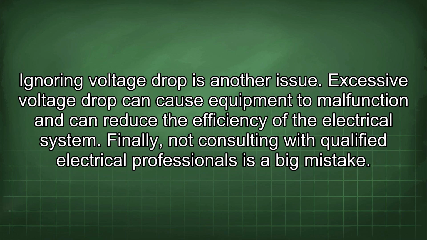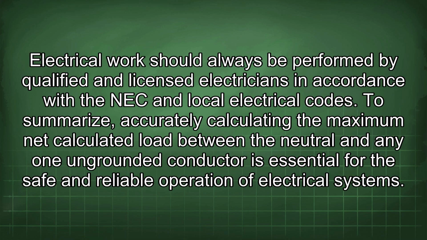Ignoring voltage drop is another issue. Excessive voltage drop can cause equipment to malfunction and can reduce the efficiency of the electrical system. Finally, not consulting with qualified electrical professionals is a big mistake. Electrical work should always be performed by qualified and licensed electricians in accordance with the NEC and local electrical codes.